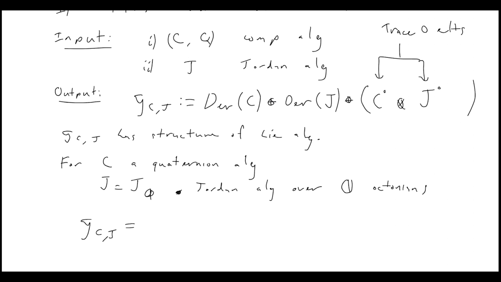gives us a form of E7. And this depends on the composition algebra C. Let me at this point say that we're already working over a p-adic field.